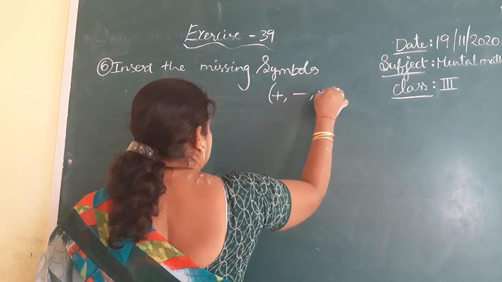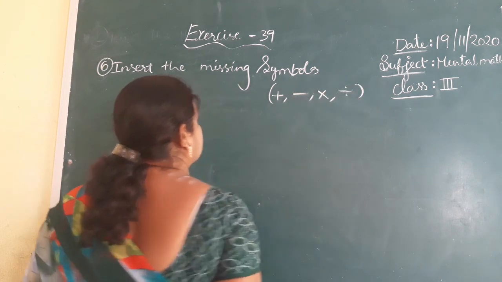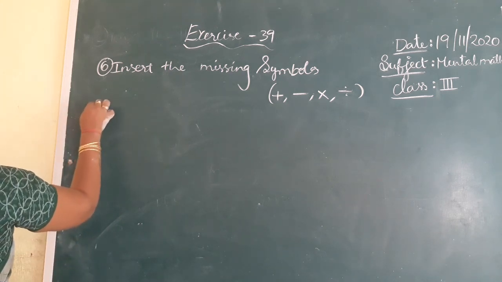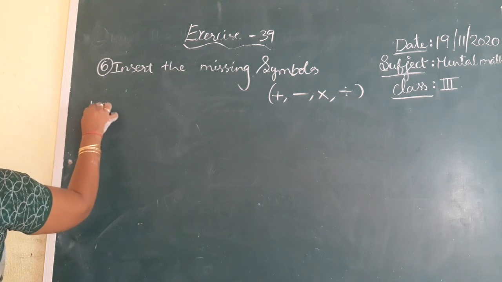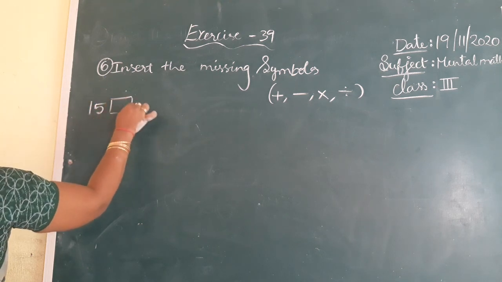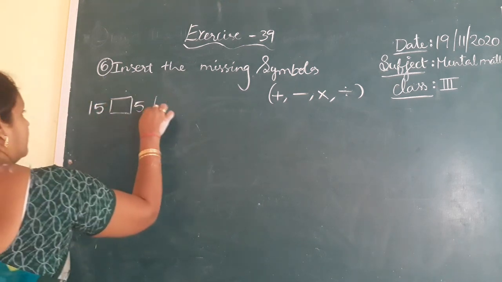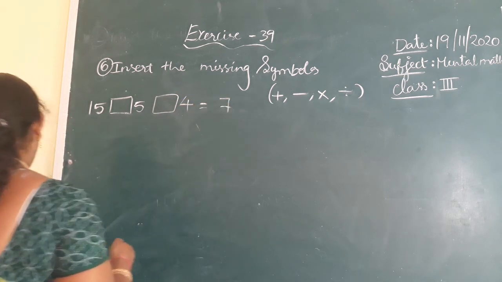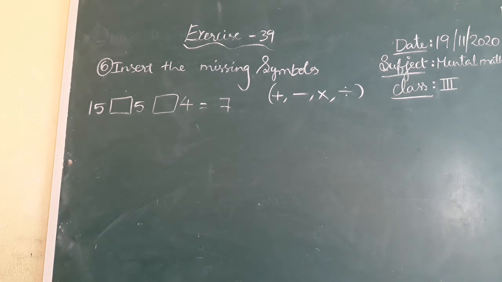Plus, minus, into, division. These four symbols you have to place in the middle of the numbers and satisfy the given statement. What is the given statement? 15, box, 5, box, 4 equal to 7. So what numbers do you have to use?